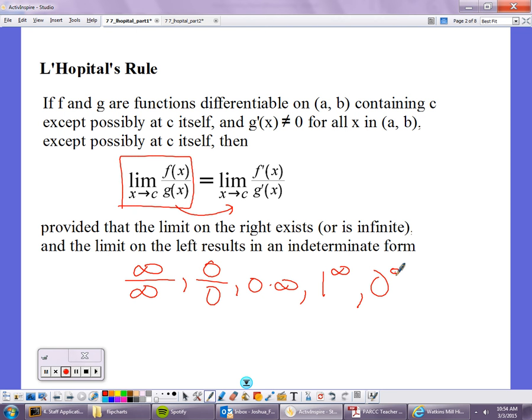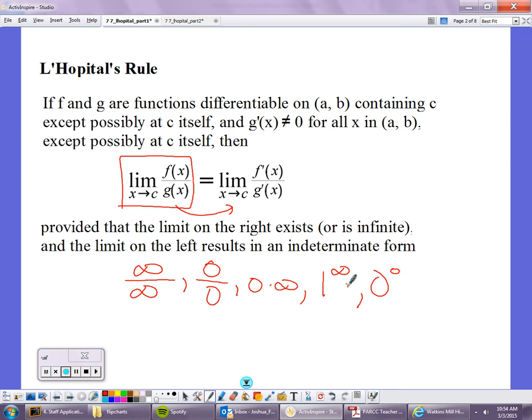Basically, what it means to say that it's an indeterminate form is that there's nothing we can tell from this about what the limit actually is. We don't really get any information from any of these, so it's indeterminate. It may turn out that there's just nothing to find out, but we're going to look at cases where we can find something out even when we get one of these weird things.